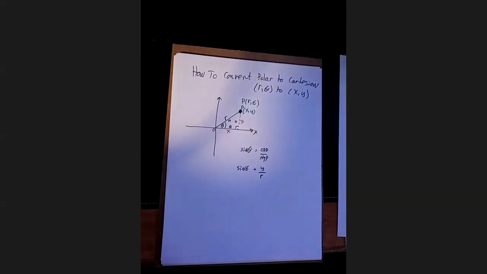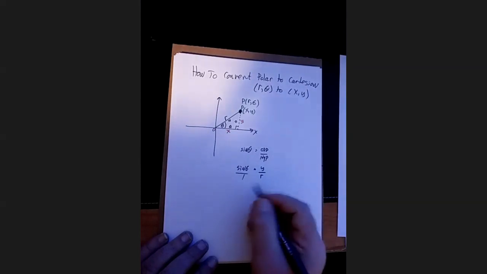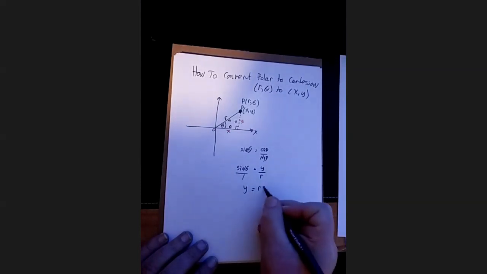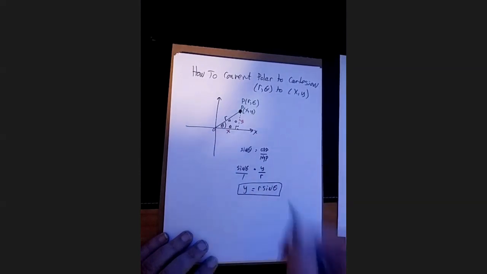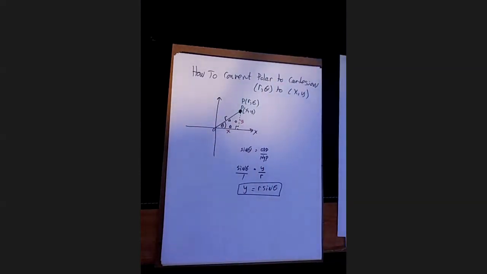Great. Now, if I do a little cross multiply there, do you see that we can get the y coordinate by going r times sine of theta?